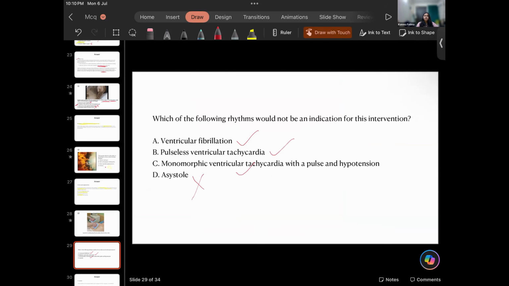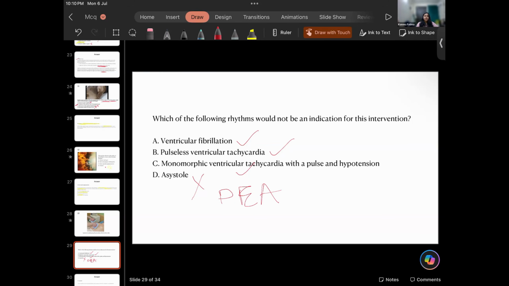Asystole is not a shockable rhythm. Asystole and pulseless electrical activity are non-shockable rhythms and they are managed by CPR and epinephrine, and not a defibrillator. So these three examples can be a potential question of a shockable rhythm.